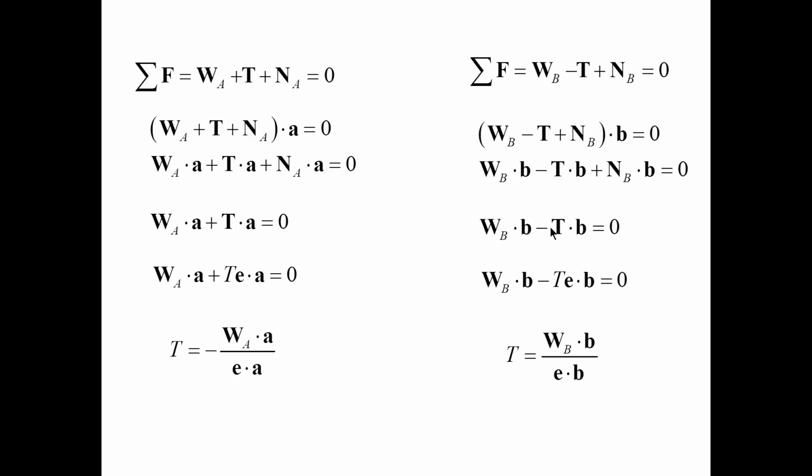So because the problem is overdetermined, we can compute T in two ways. What is important is that if the data are correct, then both expressions will give us exactly the same result.